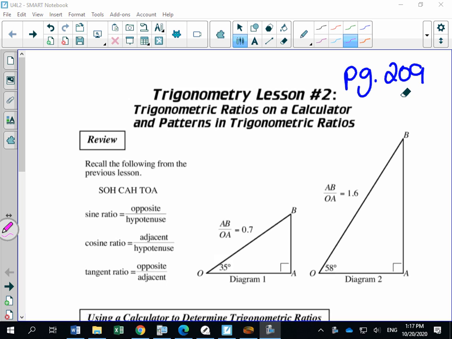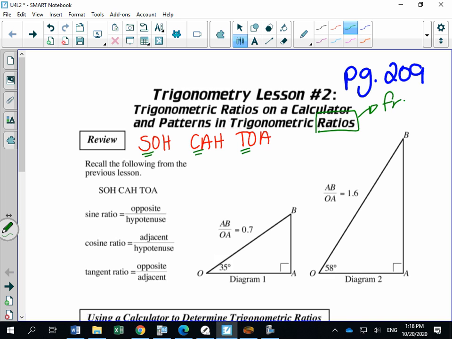So just to start this, to do a quick review of lesson 1, lesson 1 was basically on SOHCAHTOA. Okay, so there's 3 trig ratios that you have to know, and those trig ratios are sine, cosine, and tangent. When we talk about the word ratio, what I'm talking about is fractions.